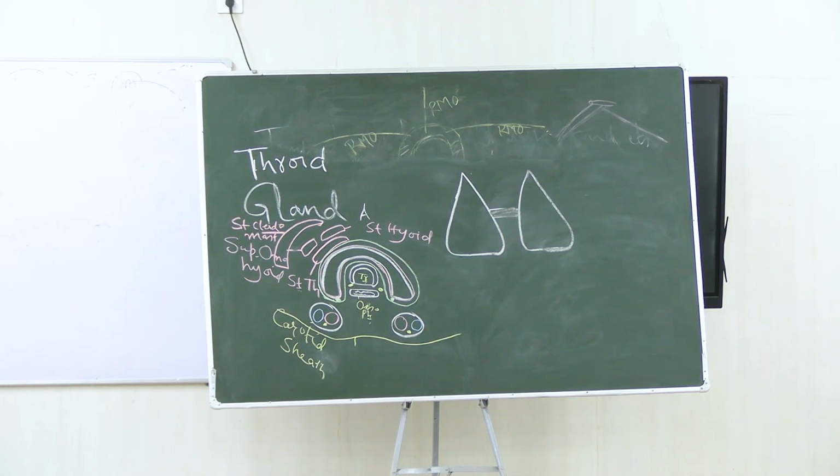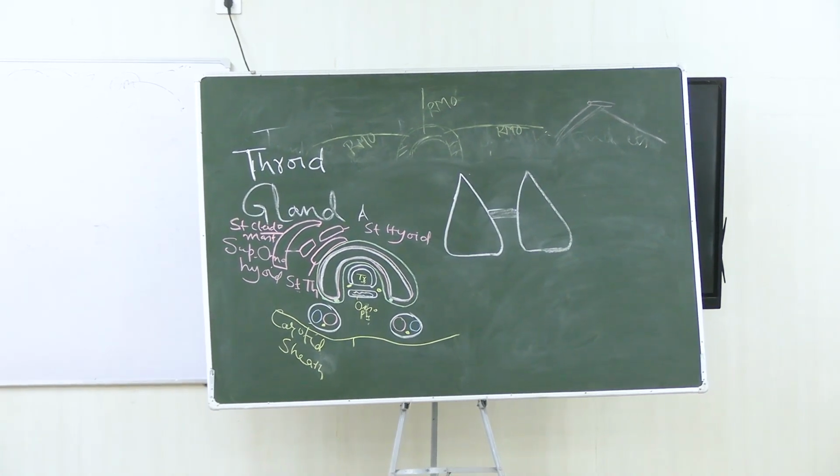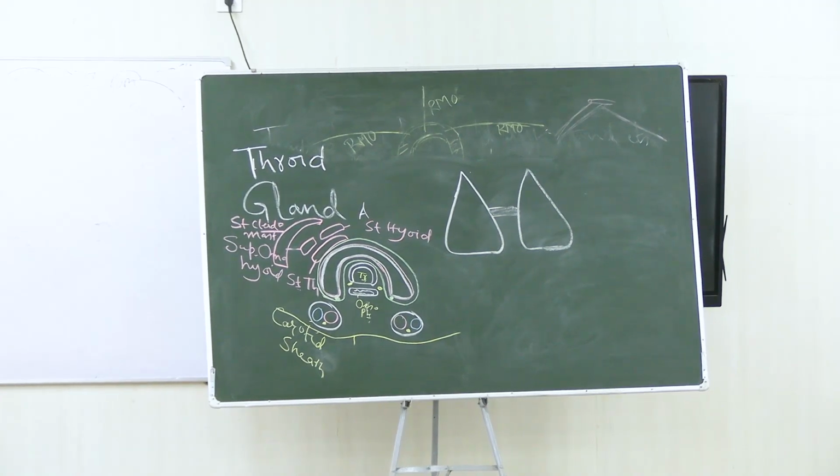So the thyroid gland will not be able to move upwards because it will be prevented by the sternothyroid muscle, right? So these are the points regarding muscles.